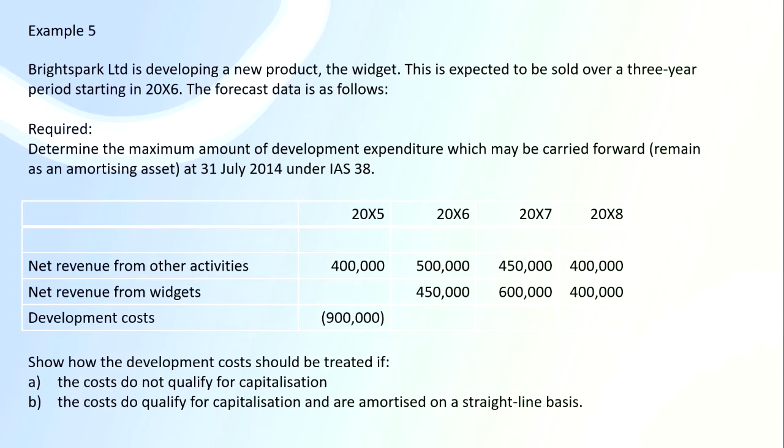As for B, since this meets the criteria of an intangible non-current asset, this 900,000 is recorded as an intangible non-current asset in the statement of financial position in 2005, and amortized starting in 2006 over 3 years. So 900,000 you divide by the 3, and you will get this one.